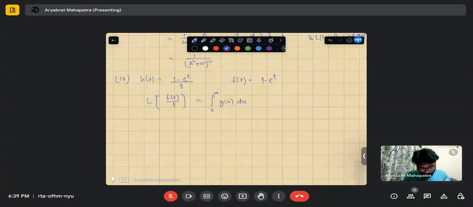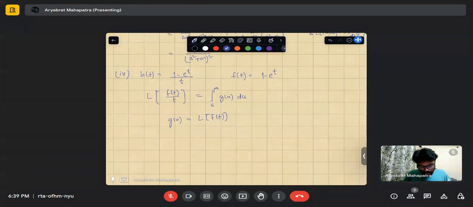First, what is this g of u? This g of u is basically your Laplace transform of f of t. So first you have to determine this. Your f of t is 1 minus e to the t, so that is the Laplace transform of 1 minus the Laplace transform of exponential of t.